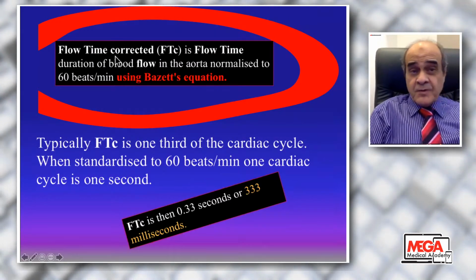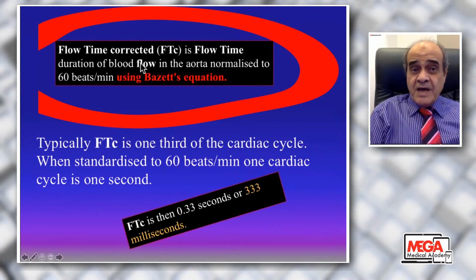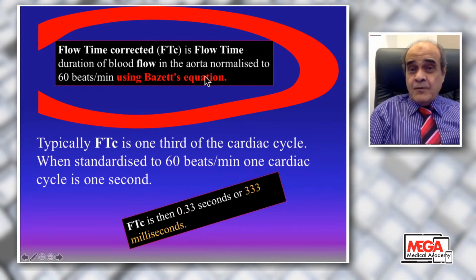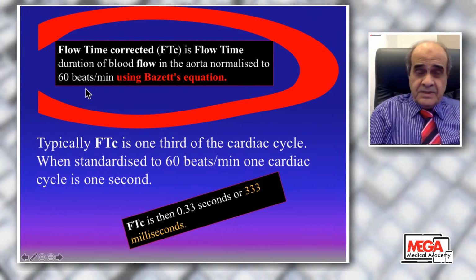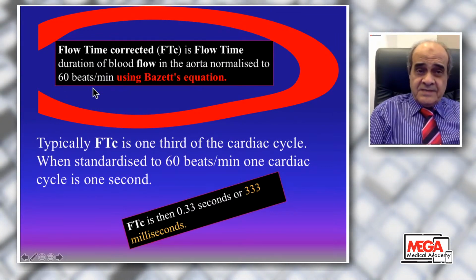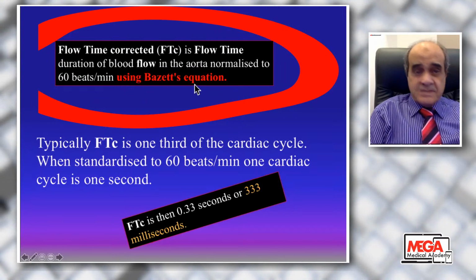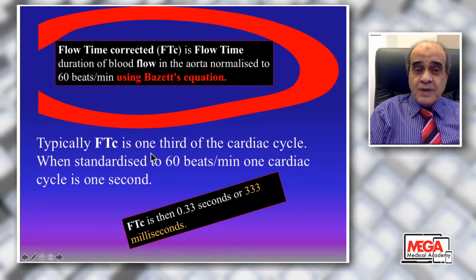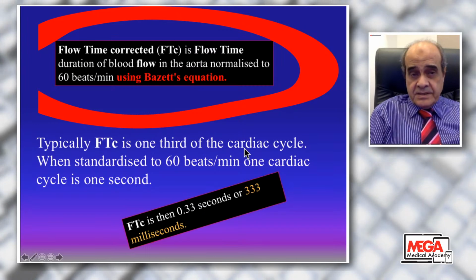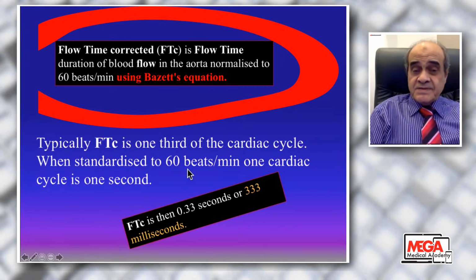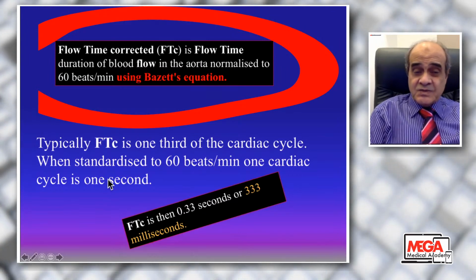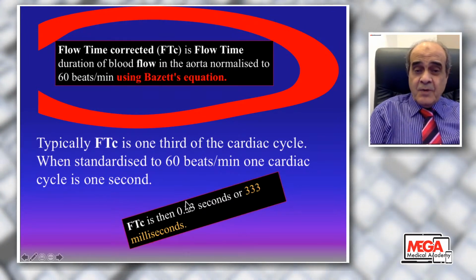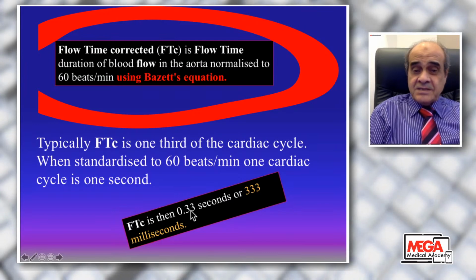Corrected flow time is the duration of blood flow in the aorta normalized to 60 beats per minute using Bazett's equation. Typically, flow time is one third of the cardiac cycle. When standardized to 60 beats per minute, one cardiac cycle is 1 second, and so a third of 1 second would be 0.33 seconds, or 330 milliseconds.